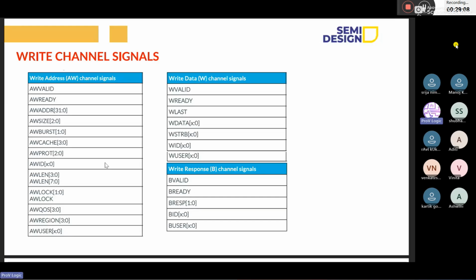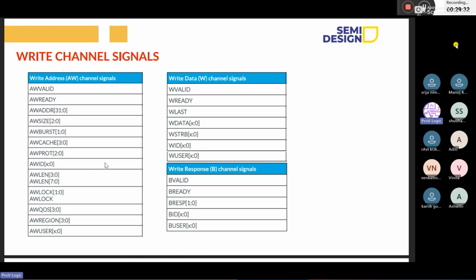And next, QoS, quality of service, that is also optional. Next, region. Region means memory region attribute, just in which memory region it is working. It's also optional. User is also optional, just a user defined signal. If anything extra is needed, that is reserved for the user defined signal.